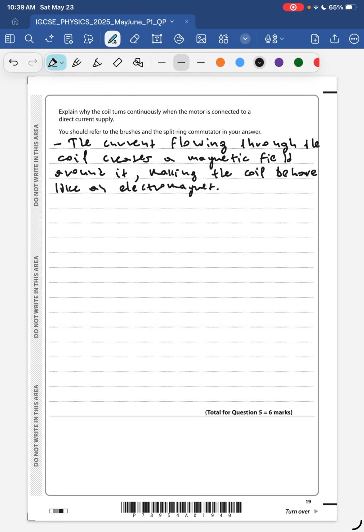Okay, and we explained it earlier. So if you have a coil like this, and there is a current flowing in this direction, then the magnetic field, again using your right hand, curl your fingers around the coil, will be into the page.